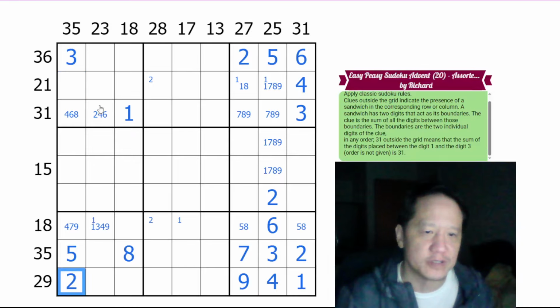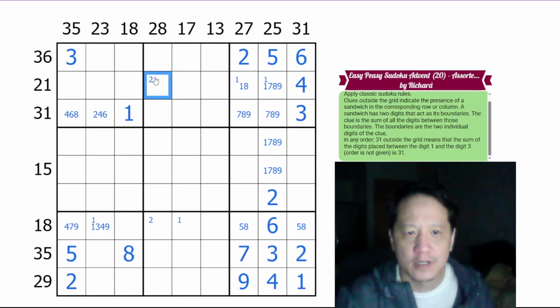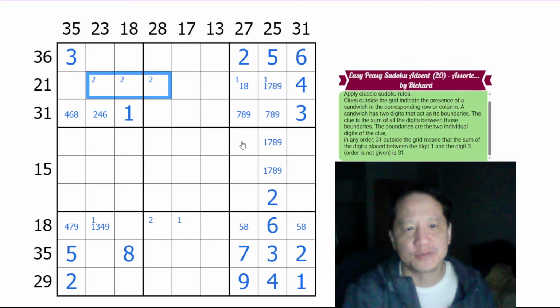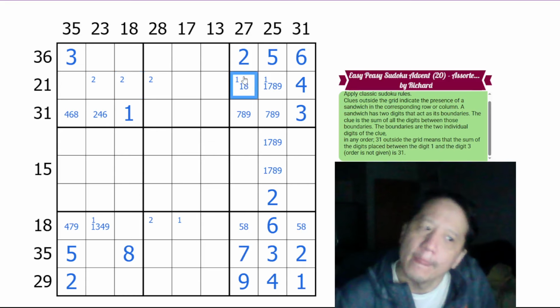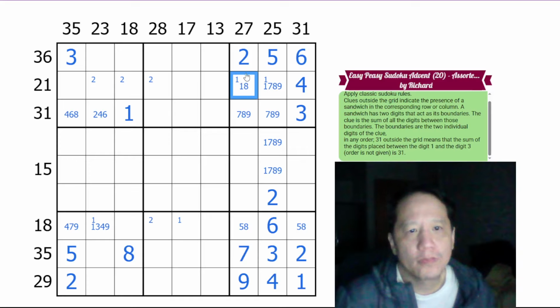Well, it couldn't be 2 because of the 2 there anyways. So I think any of these 3 could be 2. You could have 1 here. 2 and 1, 9, 4 outside, and 8. That's possible, right? Yeah, so 2 has to be any of those 3.